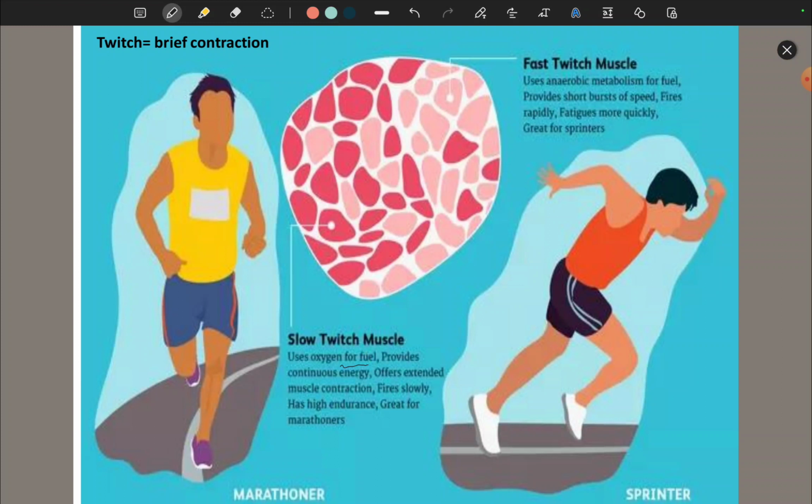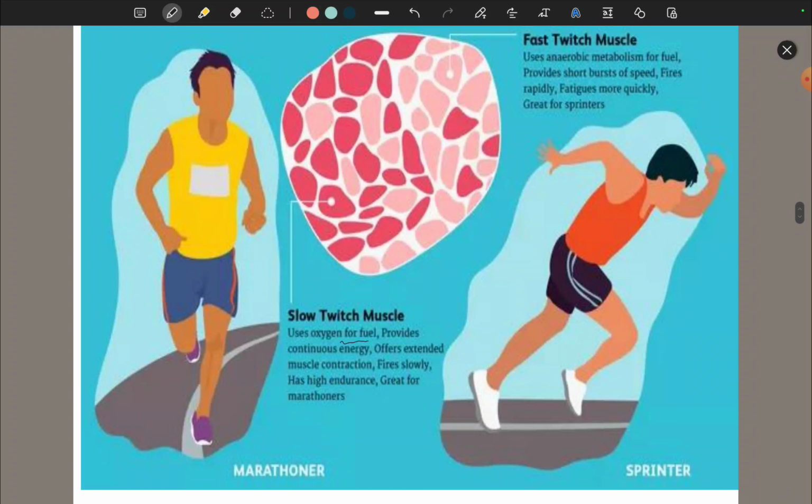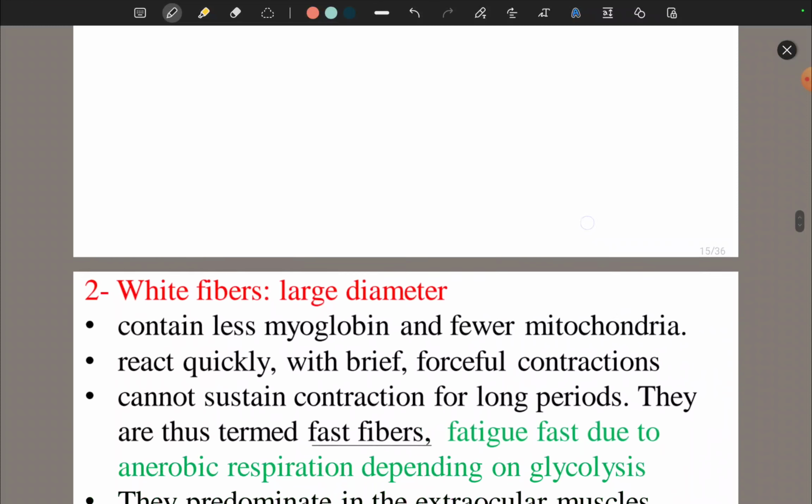While the other type, the white fibers, have fast twitch muscle type. They have large diameter, containing less myoglobin and mitochondria. That's why they look a bit paler than the first one.